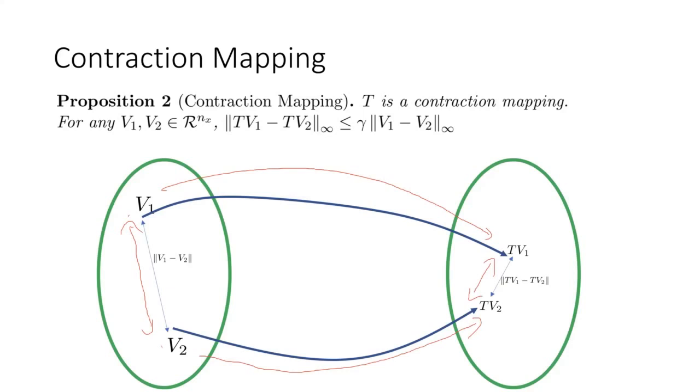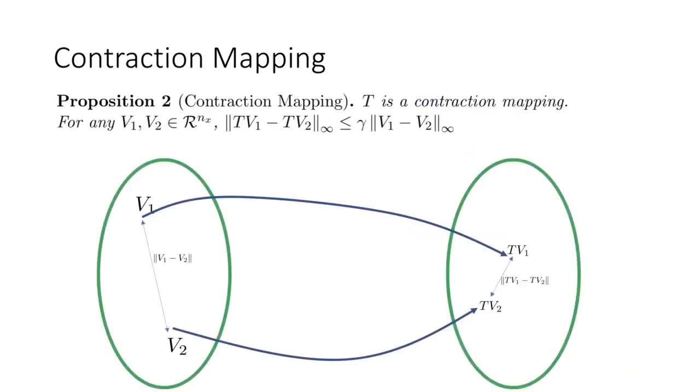As the figure indicates, this distance is strictly less than this distance, because the discount factor gamma is less than 1. So that is the contraction property that we are talking about. You compare the distance between two vectors before and after the operation, and if you can argue that the distance has reduced strictly, then we say that operator is a contraction operator.